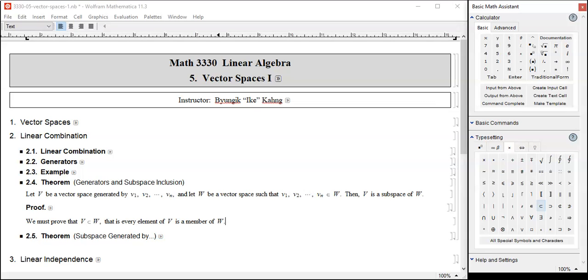We must prove that W includes V, that is, every element of capital V is an element of W. Now, how do you prove that? Every element, so set an arbitrary element, and then let's prove that.